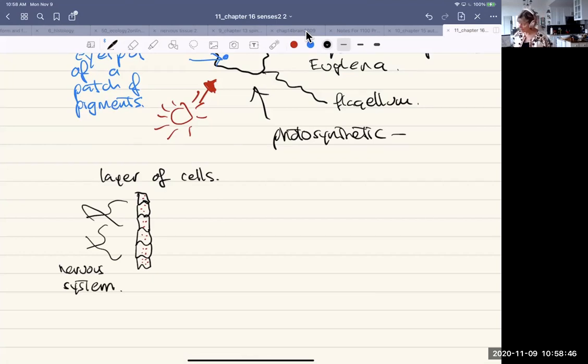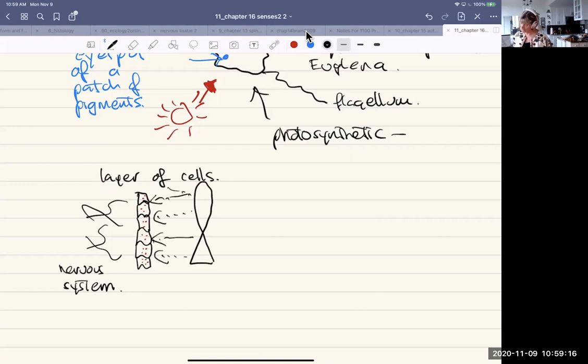So say here's a fish. Oh, that's not a very good fish. That's a terrible fish. Okay, here is a much better fish. And this fish is swimming by, and light is reflecting off the fish toward this animal.